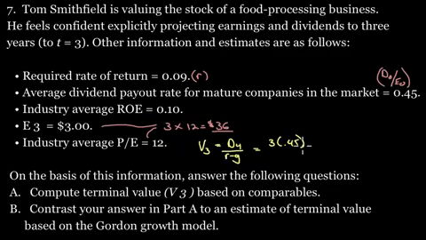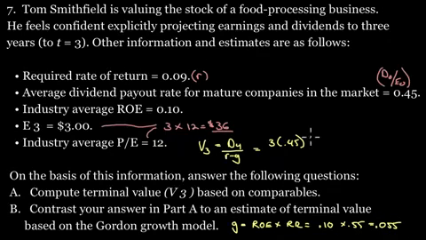We must multiply it by 1 plus a growth rate. Do we have a growth rate? We do not have a growth rate, so we have to find a growth rate. We know that G is equal to ROE times the retention rate. We have ROE at 10%, 0.10. Do we have a retention rate? No, but we have a dividend payout rate. So if the dividend payout rate is 0.45, the retention rate must be 0.55, which will give us 0.055.